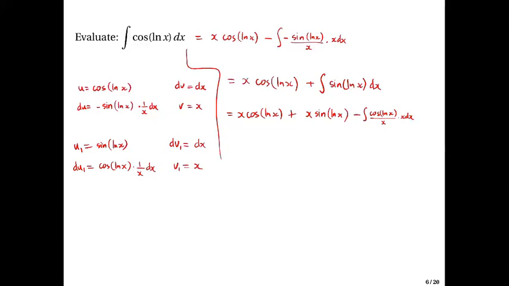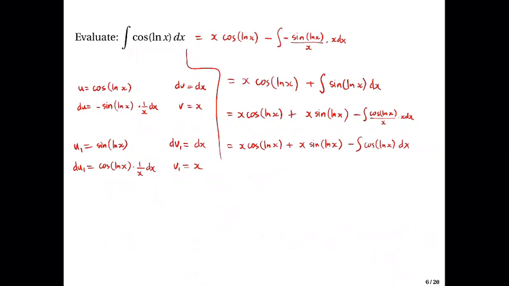Again, if we simplify this, we'll just have x cosine of ln of x plus x sine ln of x minus the integral of cosine of ln of x dx. And now we are back to our original integral, but here the coefficient is -1.